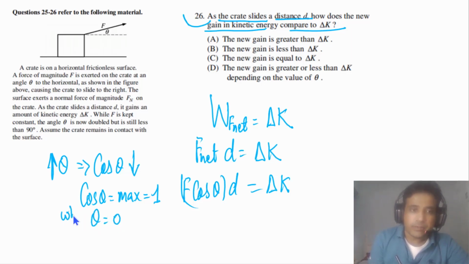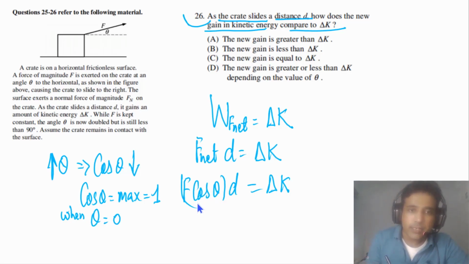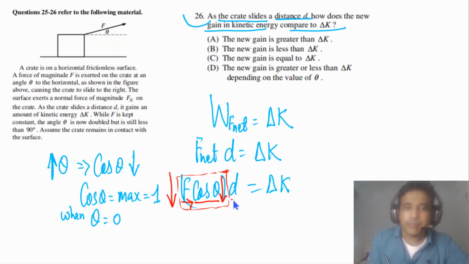As the angle increases, cosine of theta will decrease. As cosine of theta decreases and F is the same, overall the horizontal component of the force will decrease, and d is the same. We are comparing for the same distance, so delta K has to be lower.